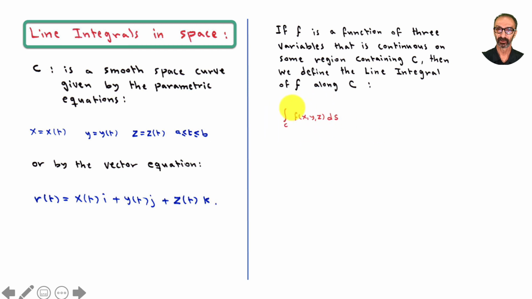This is the line integral of f along C, and this is the detailed formula. This is ds right here. And this is f of x of t and y of t and z of t from a to b.